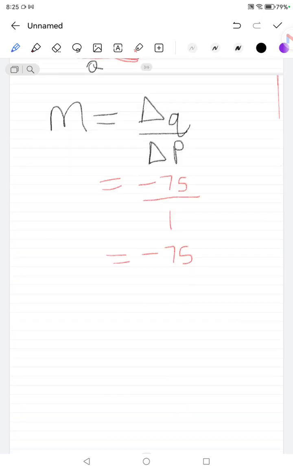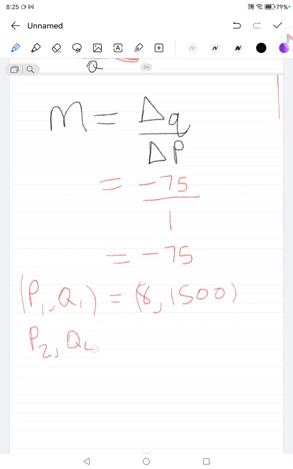You have P1, Q1, which is given as 8 and 1,500. Then you have your P2, Q2, which is 9 and 1,475.